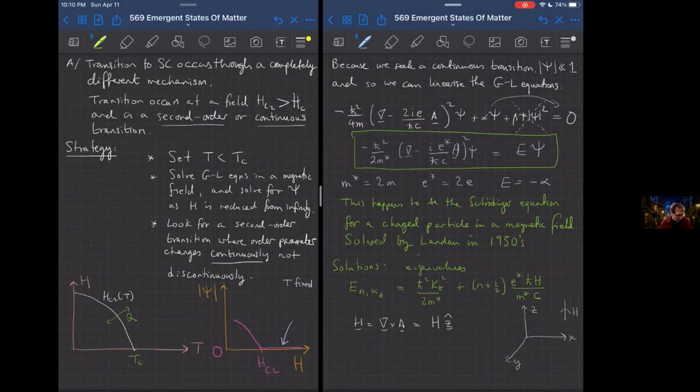Okay, so that's the energy. Now, what we're trying to figure out is the first magnetic field where the system first has a solution.